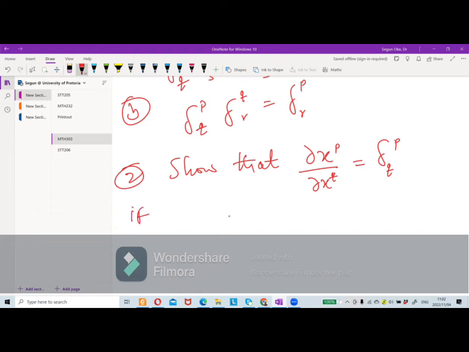So the solution now: we have to show that this is equal to this. You start from the law. If P equals Q, then the SP over the SQ is equal to 1, since SP is equal to SQ.